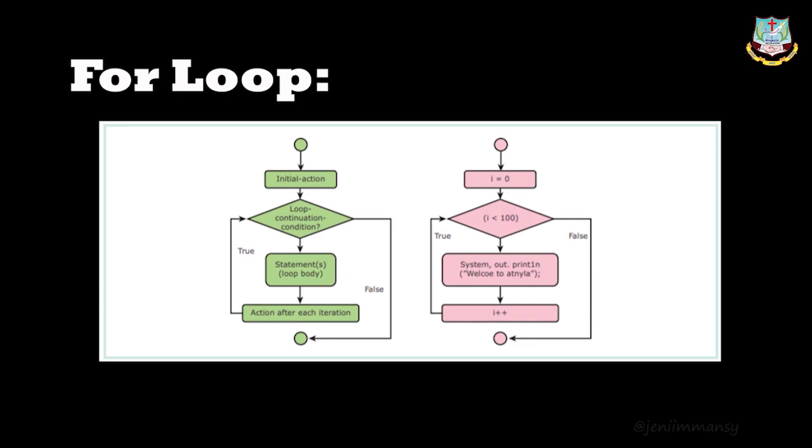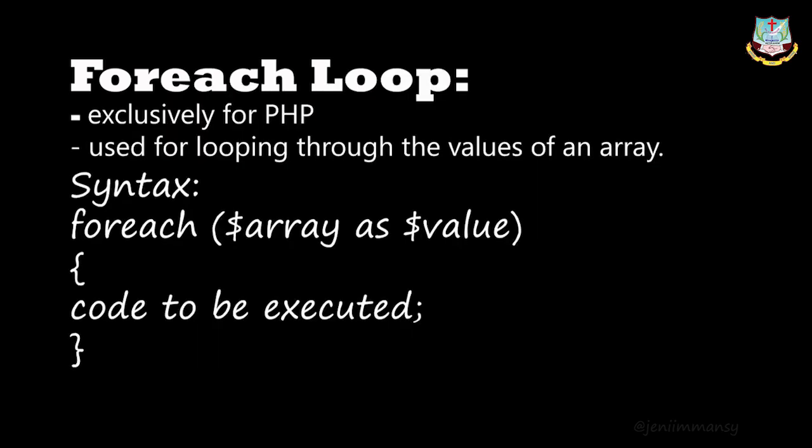Next we are going to see the foreach loop. This one you won't have seen in Java and all, right? For loop, while loop, do while loop you have seen in Java. This foreach loop is exclusively for PHP only. It is mainly used for looping through the values of an array. In the last chapter we saw arrays. When you are using an array and need a loop, we'll use this foreach loop.